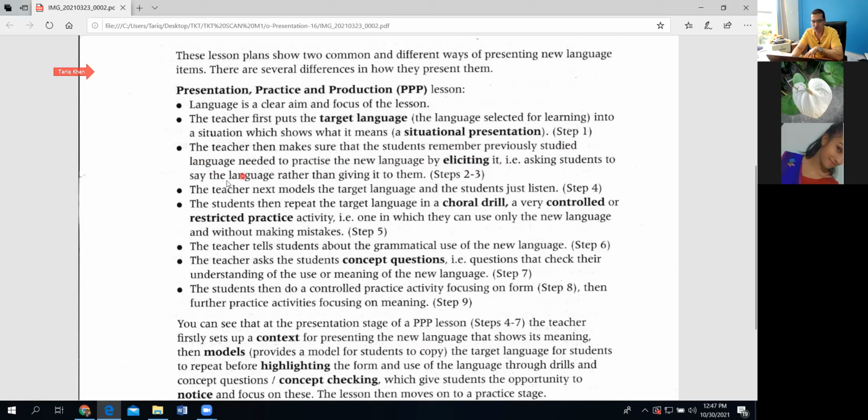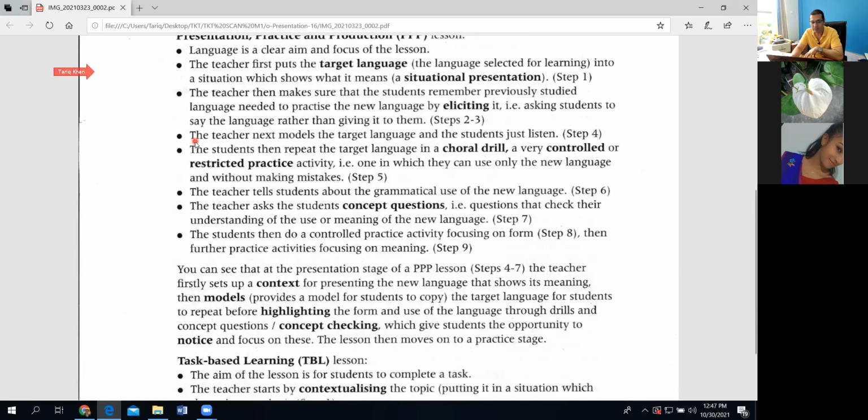Eliciting: asking students to say the language rather than giving it to them. Okay, steps 2 and 3, she is following that method. Then the teacher next models the target language. You need to know what is meant by modeling the target language. And the students just listen, step 4.